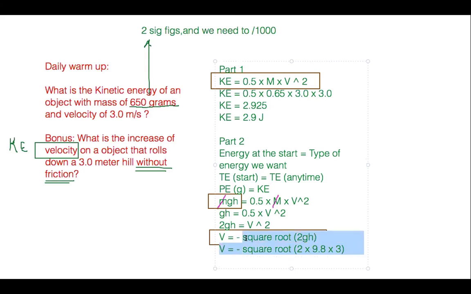Let's actually put that in the calculator and see what it says. I'm thinking it should be 7 point something. Yeah, 7.7. And this makes a lot of sense. Negative 7.7 meters per second. Okay, this makes a lot of sense. We're going down 3 meters. And that potential energy is turning into kinetic energy.